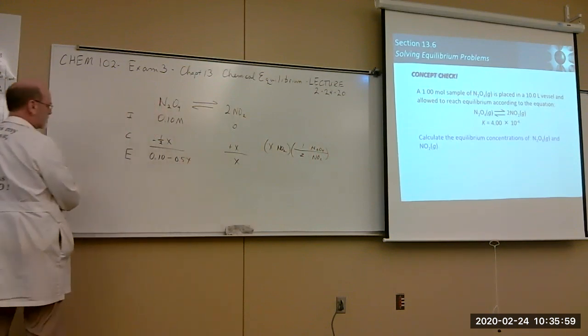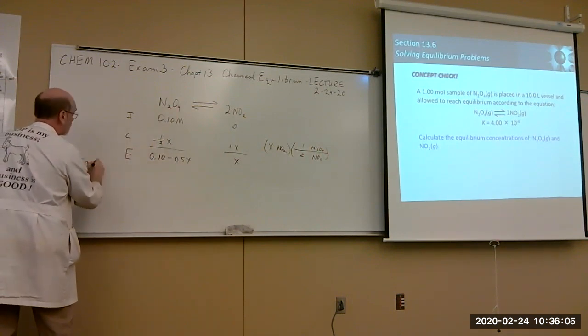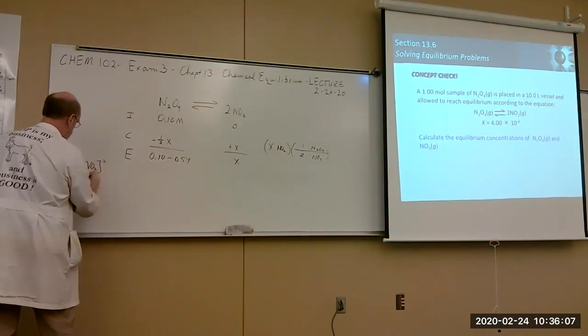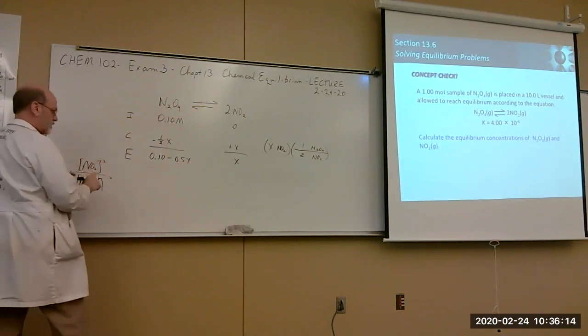And then our expression for K is NO2 squared divided by N2O4. So now we have values.